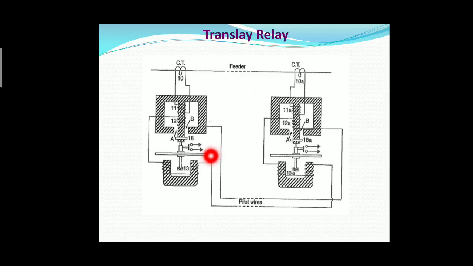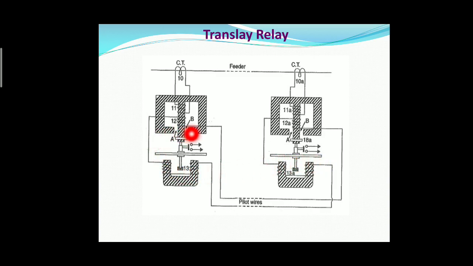That means there is some difference between the I1 and I2 currents. Therefore the net current, or algebraic sum of the currents, is not equal to 0. Then some current flows to the coil, the disc rotates and torque is produced. This is the main principle of the translay relay.